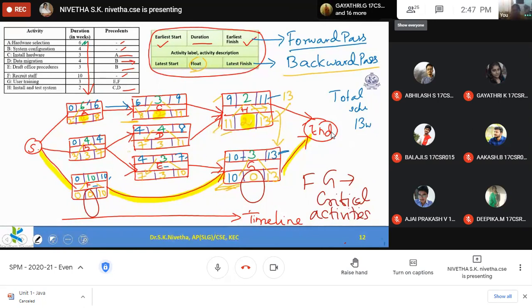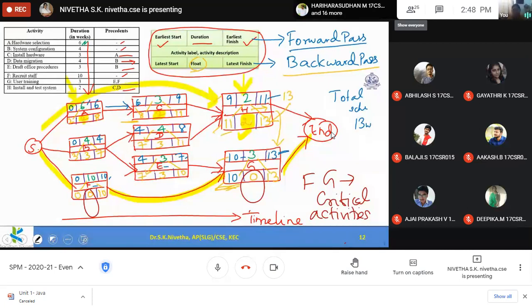No. If H is delayed for 2 weeks, that 2 weeks is eliminated from C and A. So in the whole path, I can delay 2 weeks. If that 2 weeks is occupied by only H, then C and A will not get that. If that is completely occupied by A, then C and H will not get that.